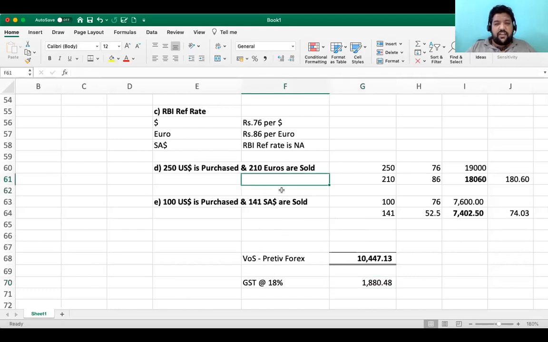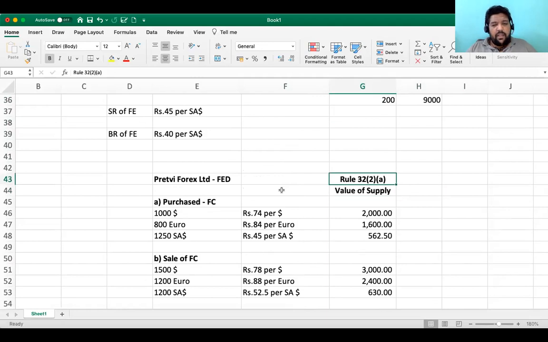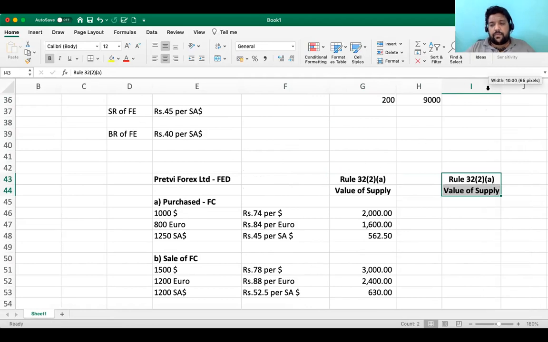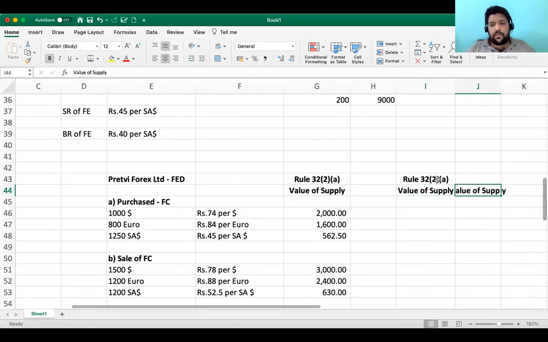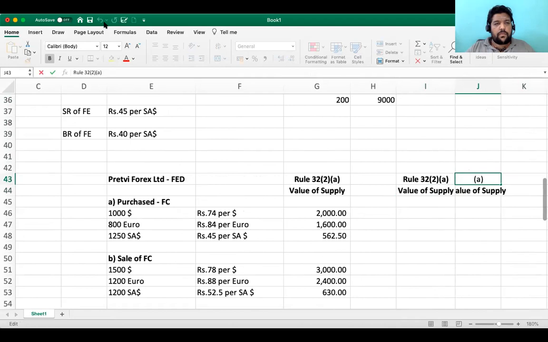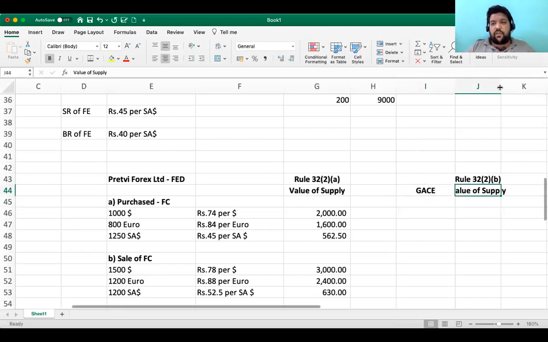In this Excel sheet, we will try to do the same. Now all that we need to first decide is the gross amount of currency exchange.